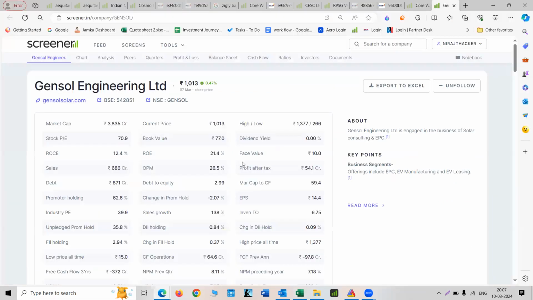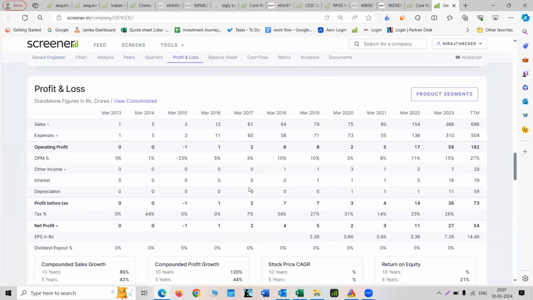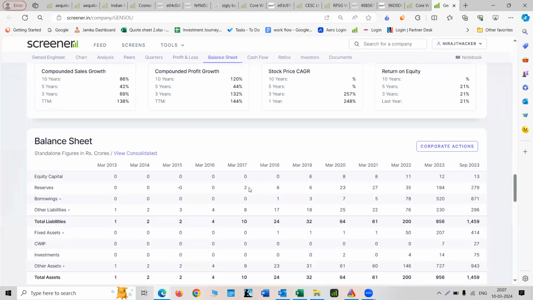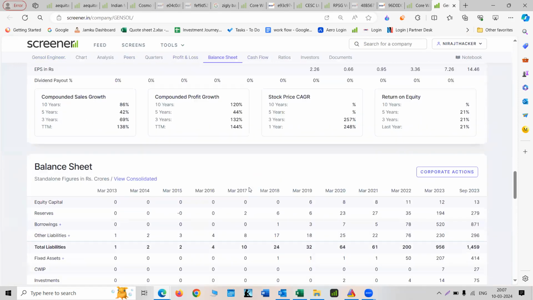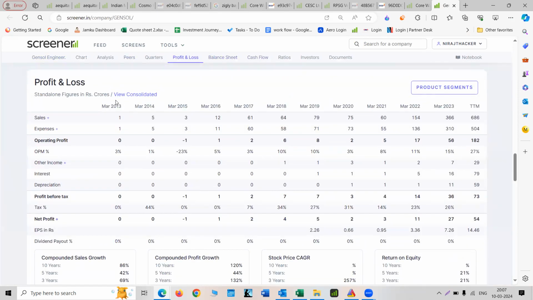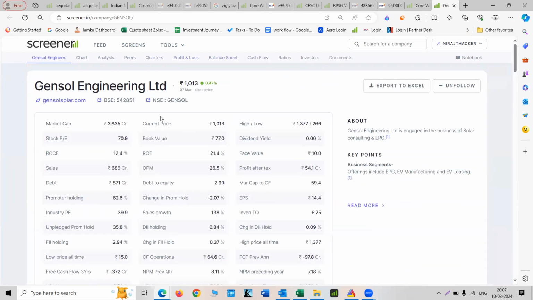So what I have done is, now you see here, see the margins. This is from 2013, correct? 2013 to 2022, last 10 years of data is there. What is the extreme, what is the highest margin and what is the lowest margin? This is Jindal Stainless.